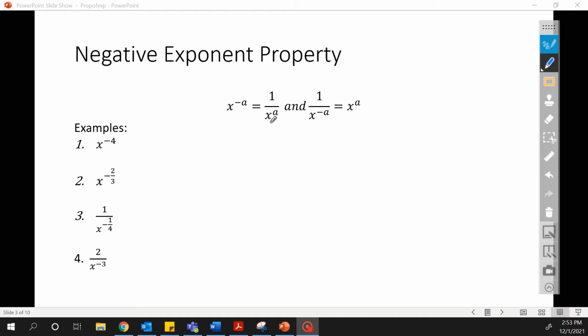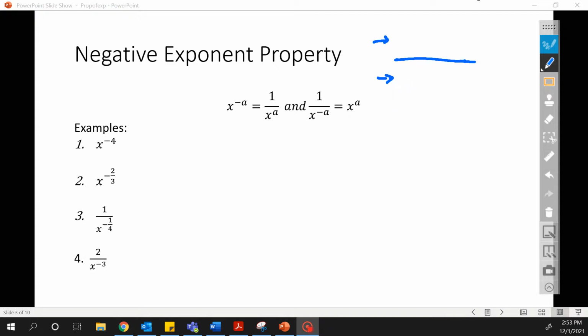So if your base has a negative exponent, then you need to change whether the base is in the numerator or denominator. Whenever we're talking about terms that have exponents in them, we always split it into the numerator and denominator.